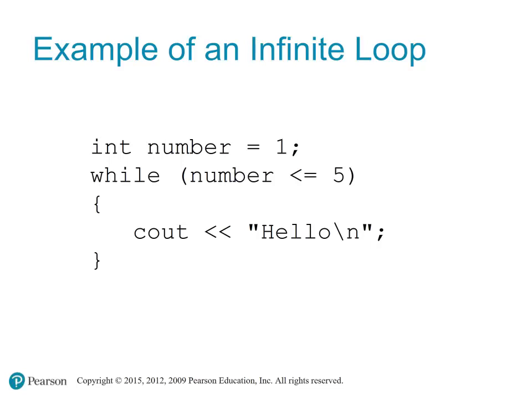As a result, number remains 1 and the condition number less or equal to 5 is always true. Because the loop condition never becomes false, the loop will execute indefinitely, creating an infinite loop. So this program will become unresponsive, with high CPU usage and potential system instabilities.